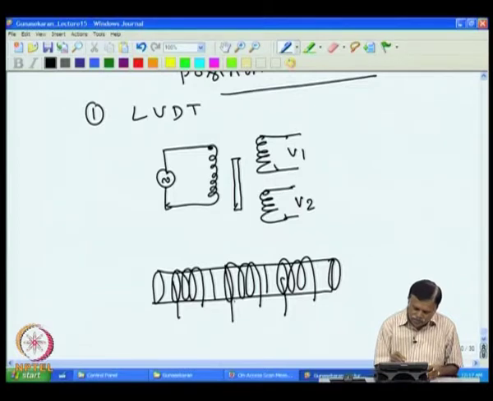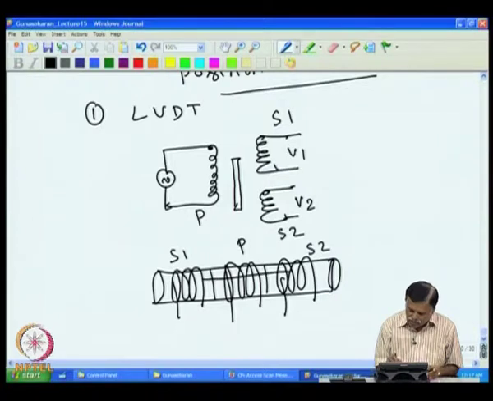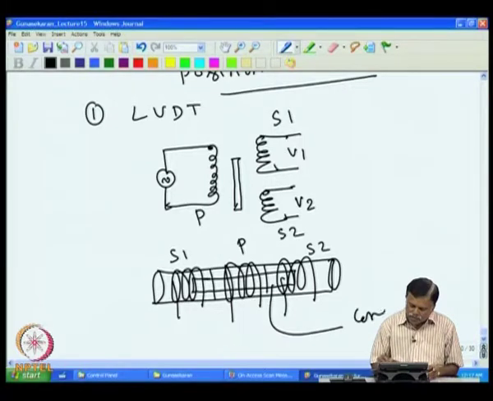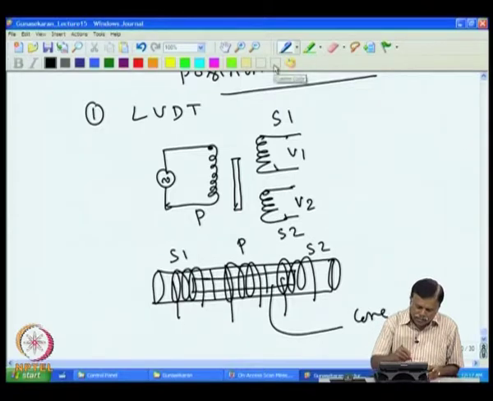So, here it comes: primary, and then S1 and S2, the 2 secondaries. The core normally moves inside, so you will have the core inside.